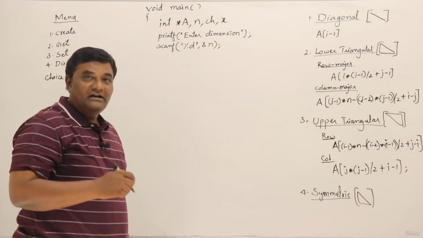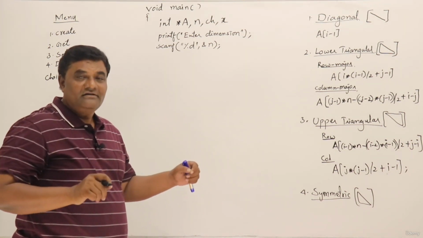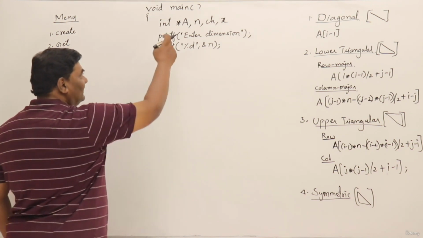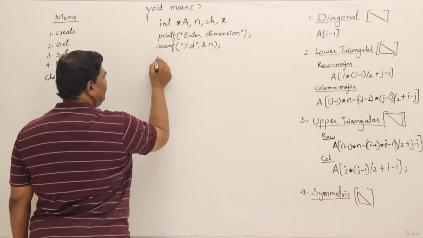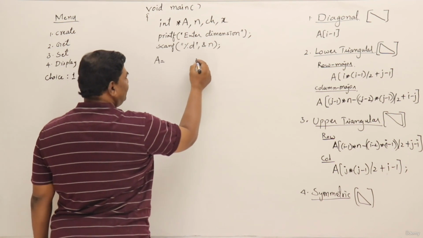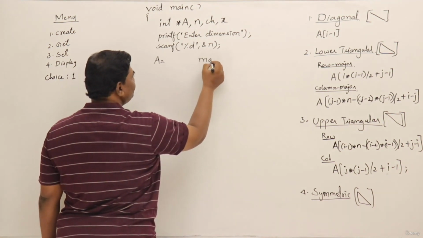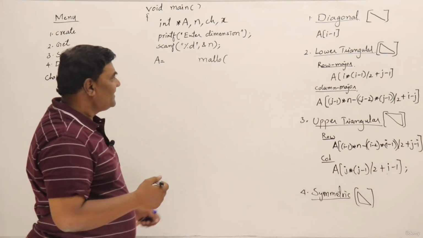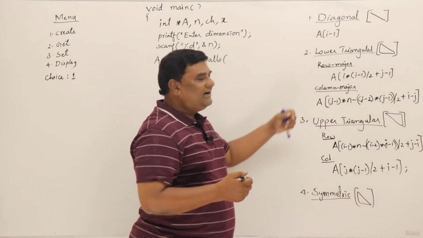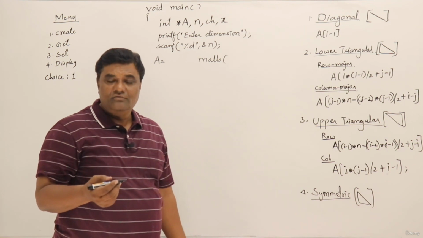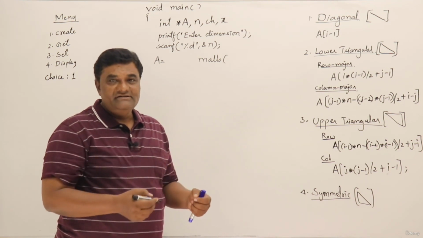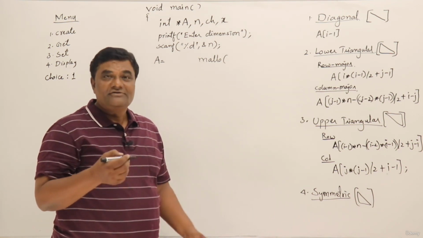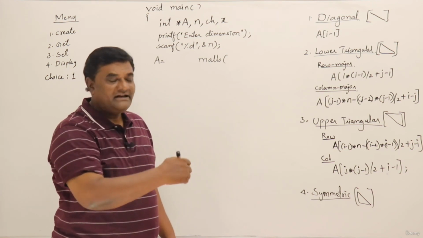Now next thing, I should create an array in a heap and assign to A. So A assign. How to create an array in heap? Malloc function, malloc. So what should be the size of an array? Size of an array for a diagonal matrix is n. Whatever the dimension is, that many elements are there. So n elements are there, only n elements in a diagonal.